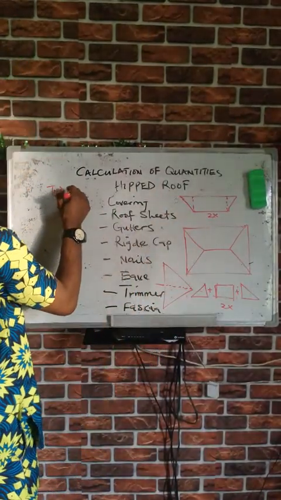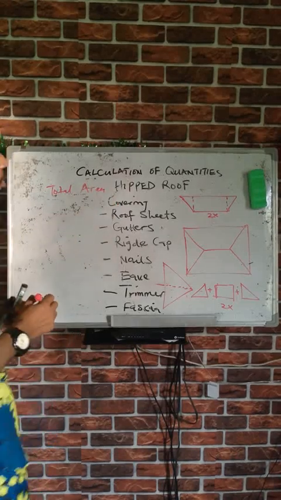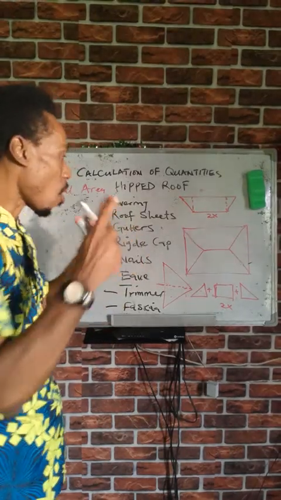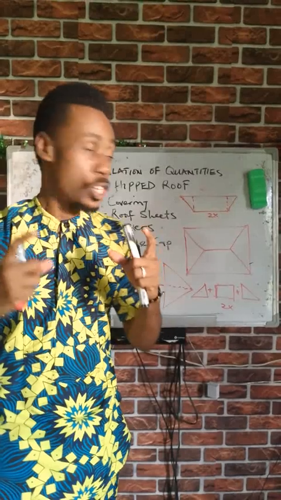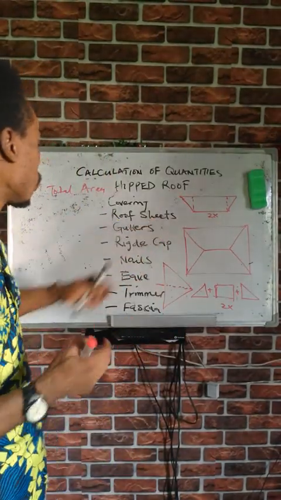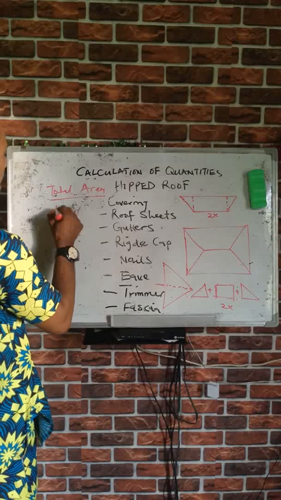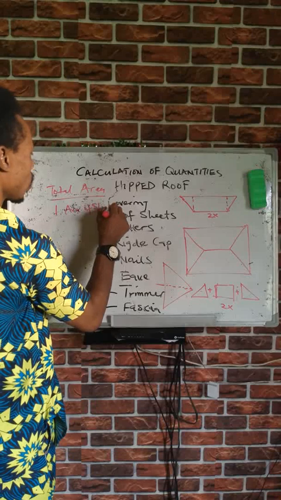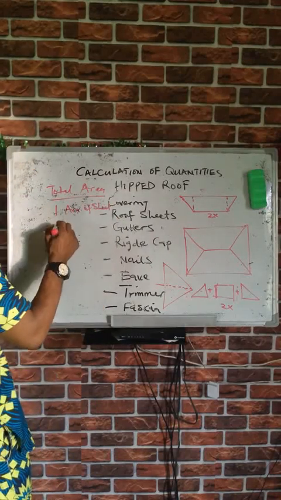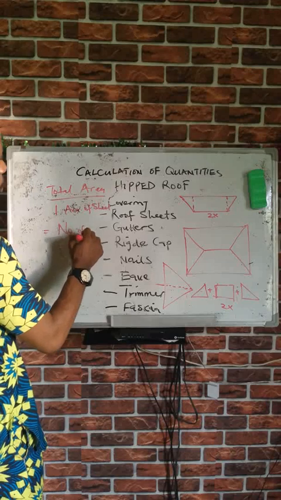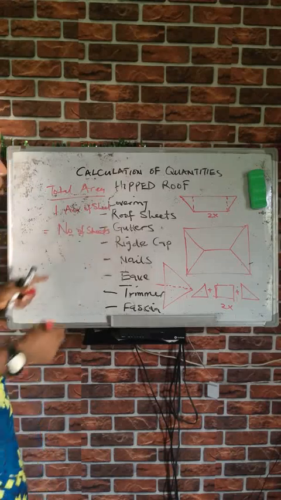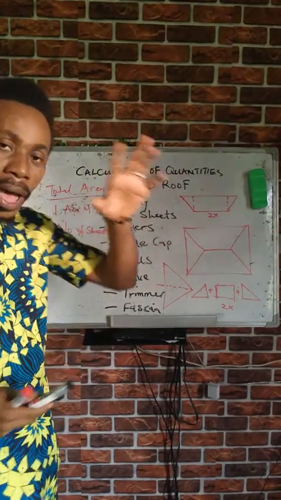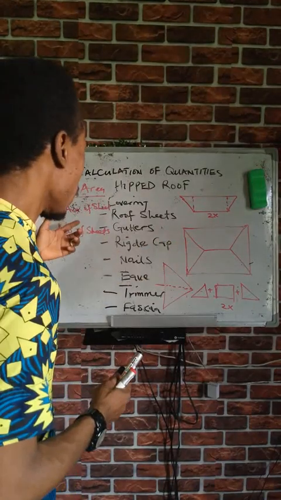Then all you need to do is get the area of one roofing sheet, and divide the total area by the area of one sheet. That will give you the number of sheets required, so you know the number of roofing sheets that will cover that building. That is how you go about it.